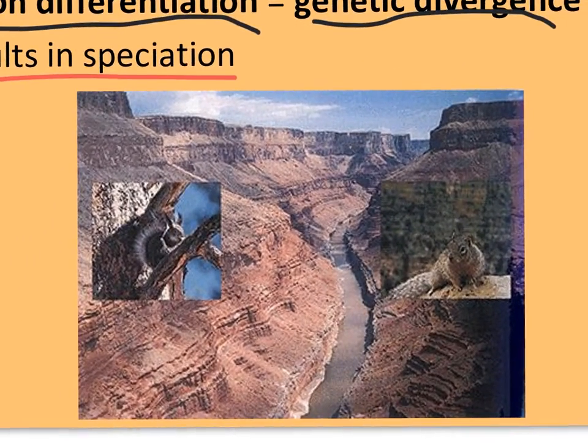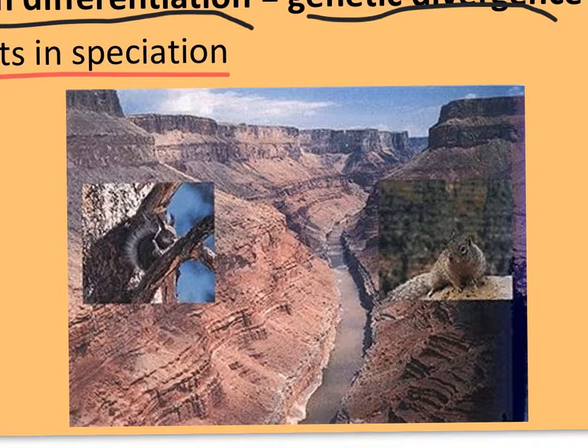Okay, so here's an example of it. Before 7 million years ago, there was a mesa that was higher up at this level, and it extended all the way across so that it was all one mesa.